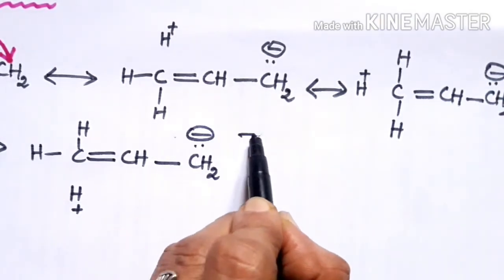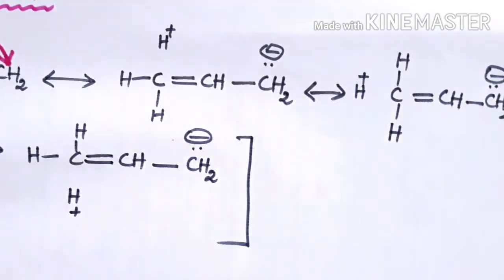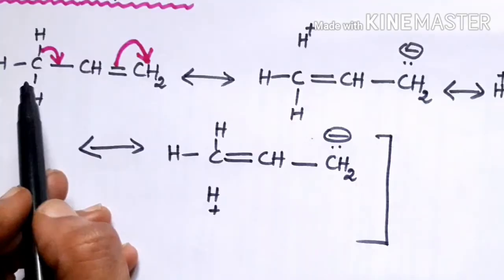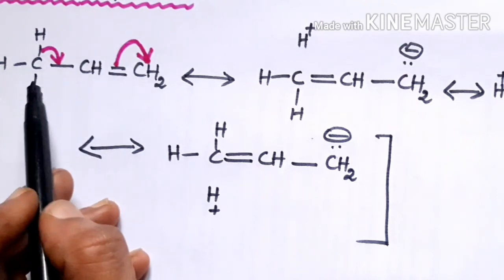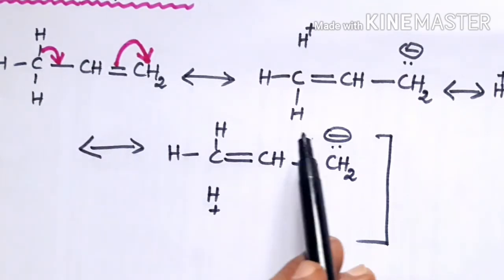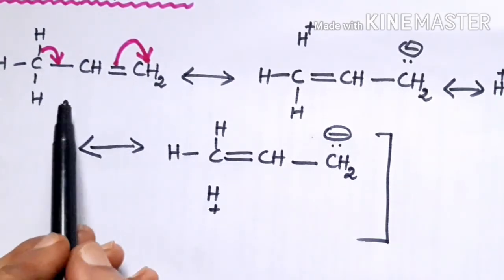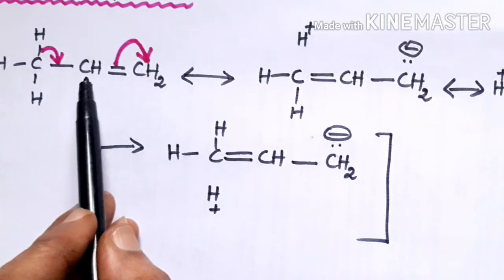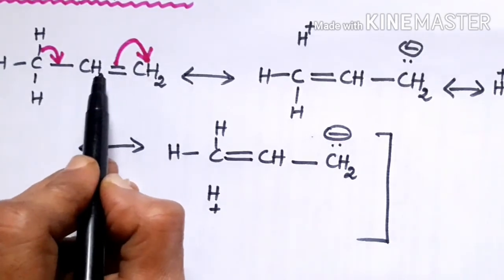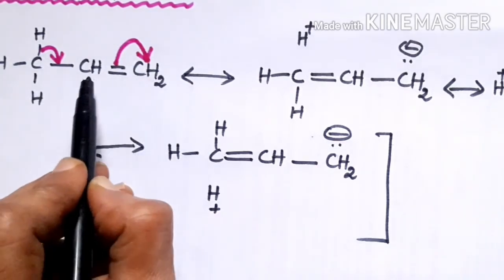So as a result, we have 3 C-H sigma bonds here at the alpha carbon, and so it forms 3 hyperconjugative structures. The alpha carbon is the one that is attached to the CH double bond CH2.